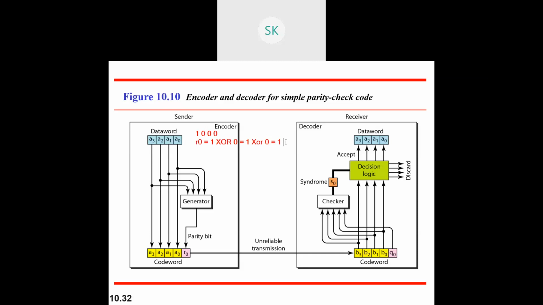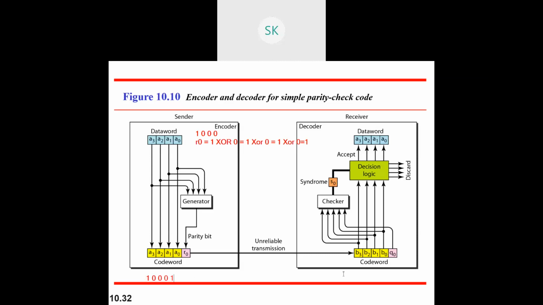This value needs to be XORed with the remaining bit that we have. So the value will be 1. This is nothing but r0. Now my code word will be the data word plus the redundant bit that we generated with respect to the data word: 1 0 0 0, followed by the last bit, 1.